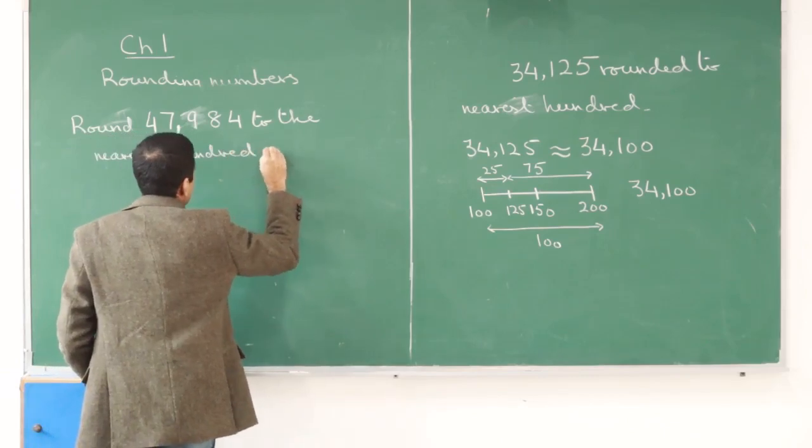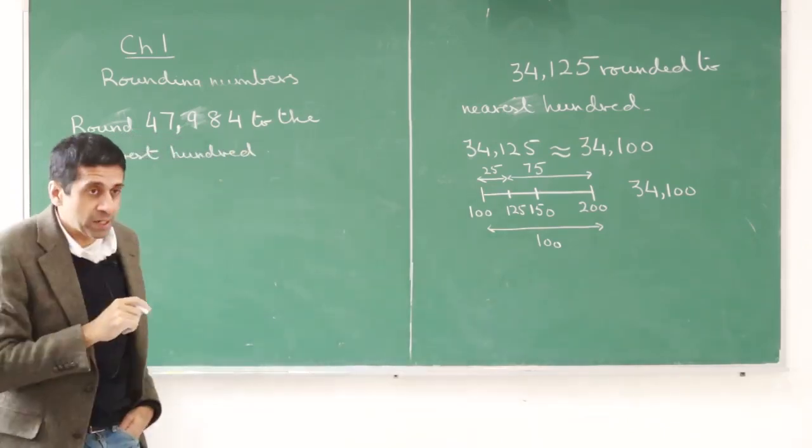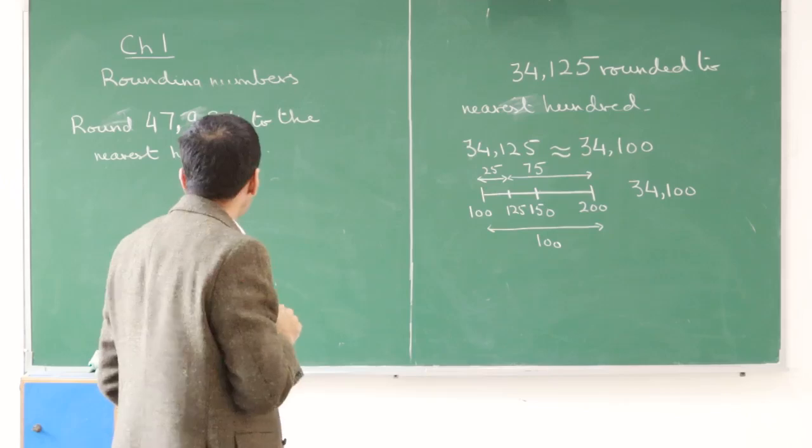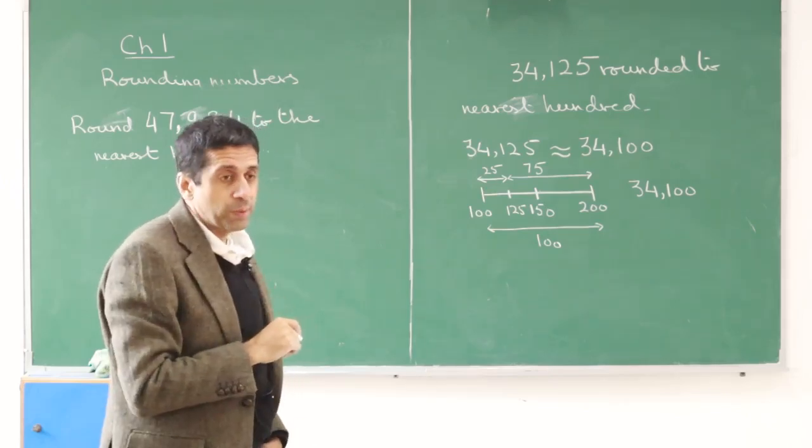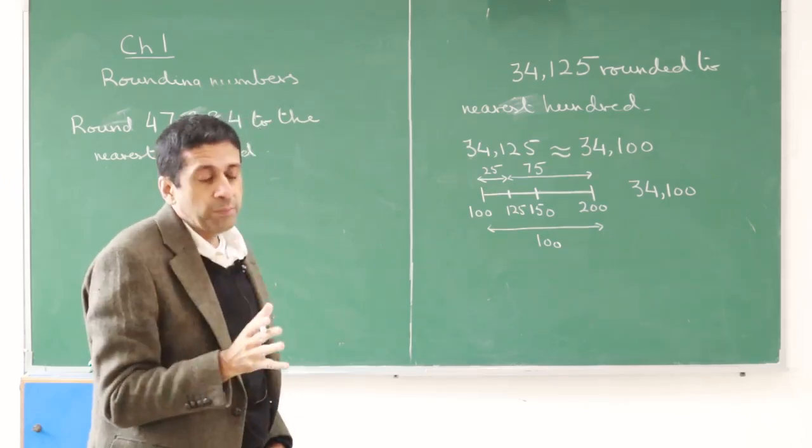Okay, let's do that. So how do we start? I have to pay you 47,984 rupees. How do I start paying you? I only have 100 rupee bills or higher.